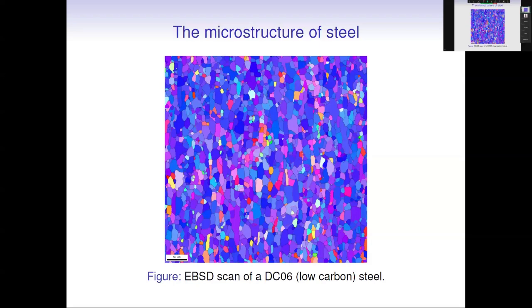Say you've got a dual phase steel made of two types of steel, like ferrite, which is low carbon, and martensite, which is high carbon. The volume fraction is important, but it's not just the volume of each phase, it's the grain structure, how they mix together. If you have lots of small grains, you have lots of grain boundaries, and grain boundaries make a stronger material, because they act as pinning for dislocations, which are defects in the crystal lattice.